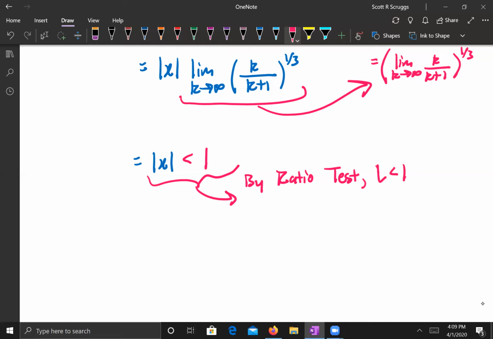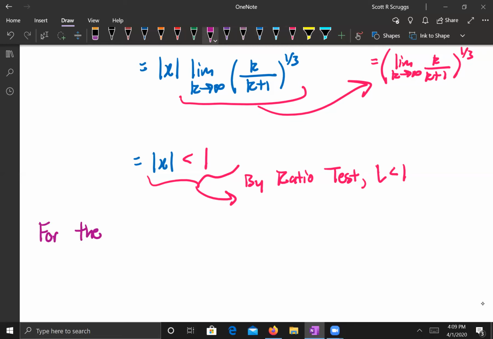And so what I'm doing is, because I did the ratio test and because I know what makes the ratio test convergent, what this tells me is the following.